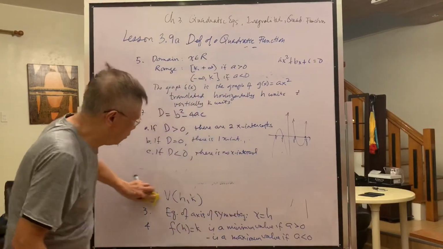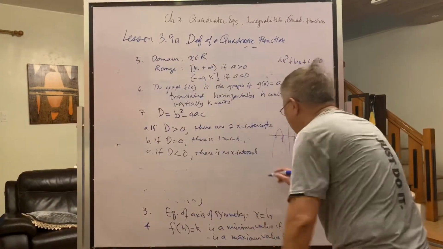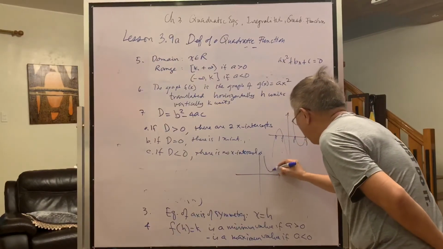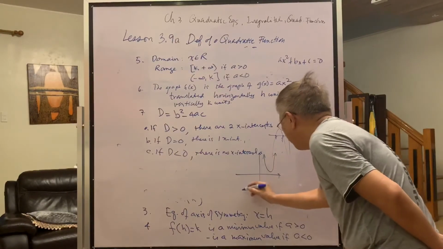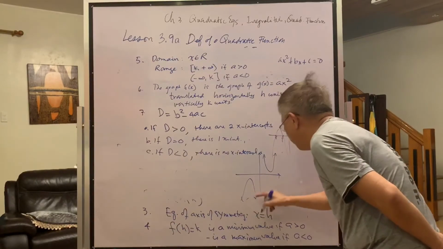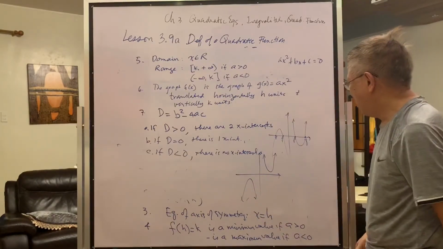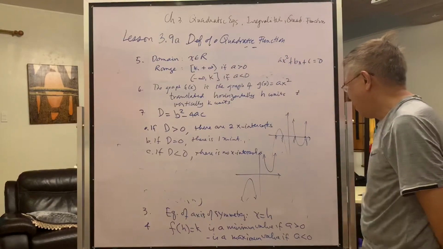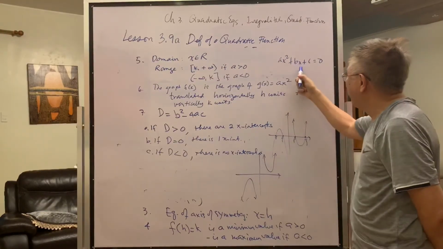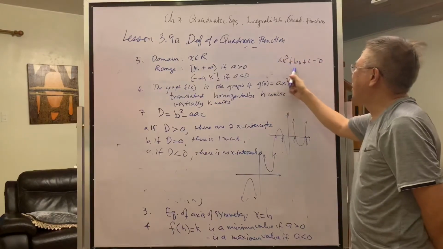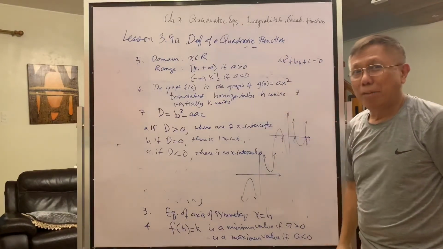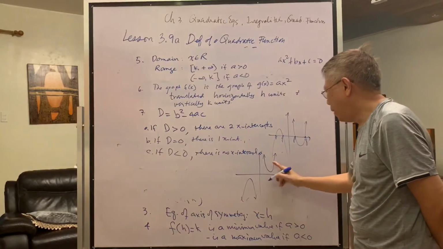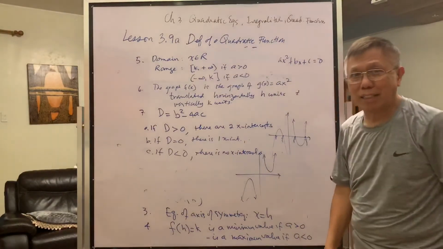In terms of the graph of the quadratic function, either you have your graph above the x-axis or below the x-axis. Okay, so the roots of this quadratic equation are imaginary, which means the graph will not touch the x-axis.